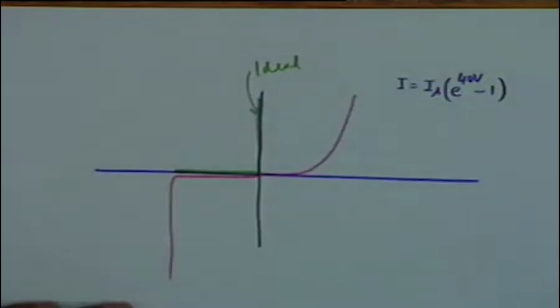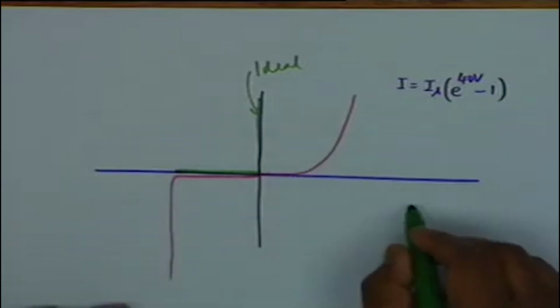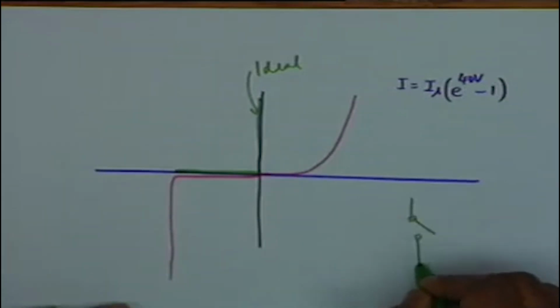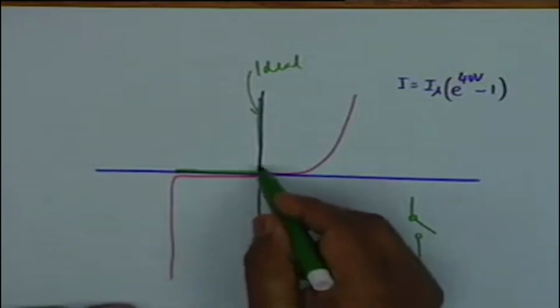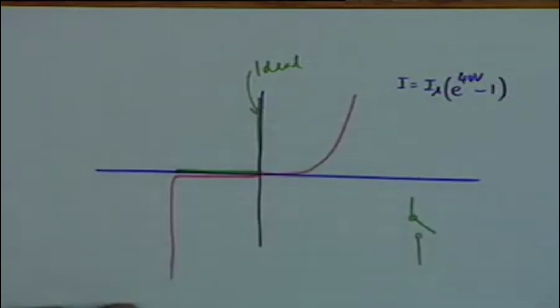An ideal diode is like an ideal switch, it's either on or off. When a switch is on, it can conduct any amount of current with a voltage drop of 0. That's what is represented by the green curve.